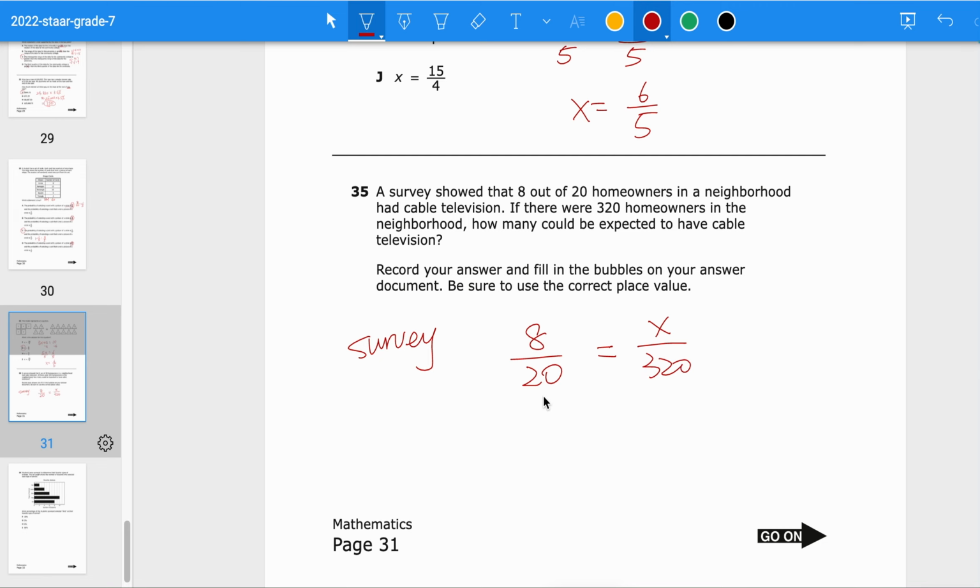So this is the residence. 20 goes to 320. So how many have the cables? 8 is matching with x. So from 20 to 320, we can see this is multiplied by 16. So 8 multiplied by 16, x equals 8 multiplied by 16, which is 128.